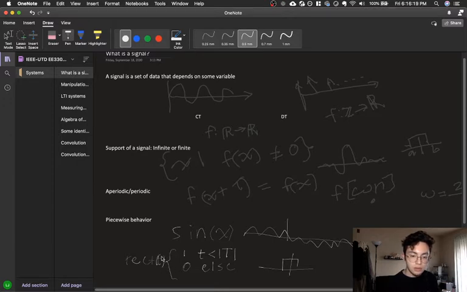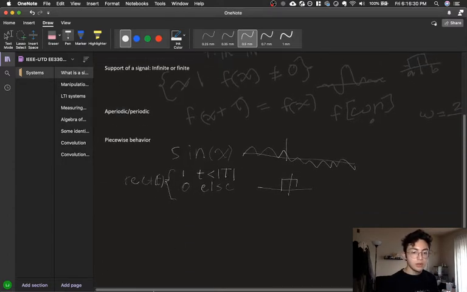So when we have a different piecewise behavior, we can typically section these different regions of behavior using the step function.